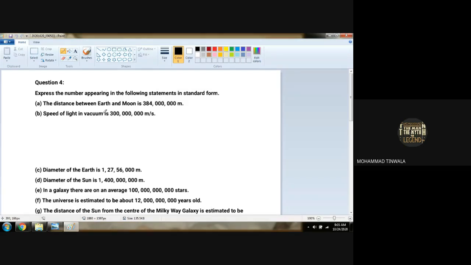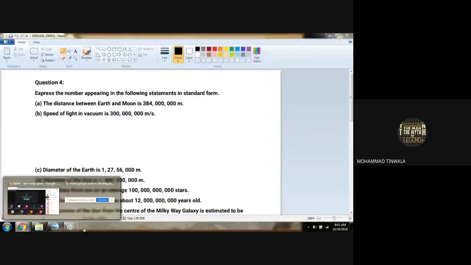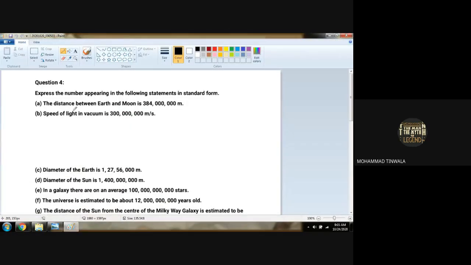Understood? How can we speak this? 38 crore 40 lakhs meter.